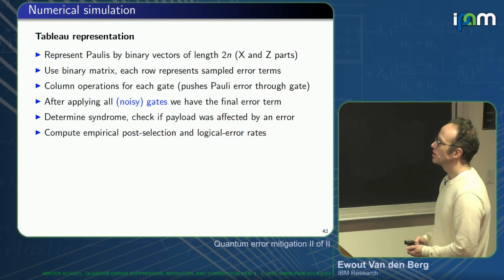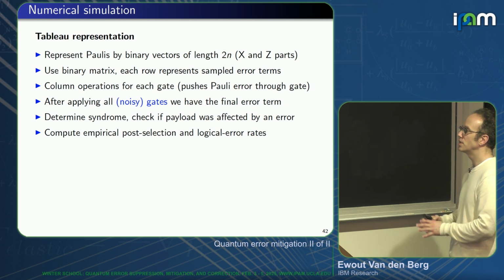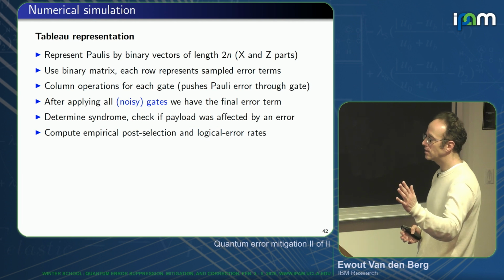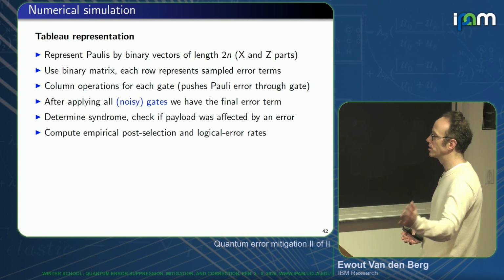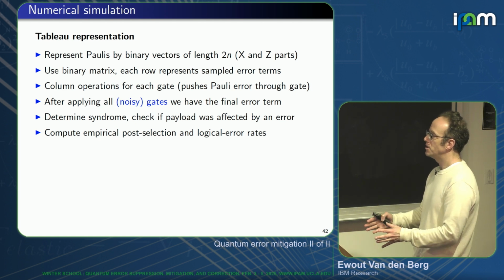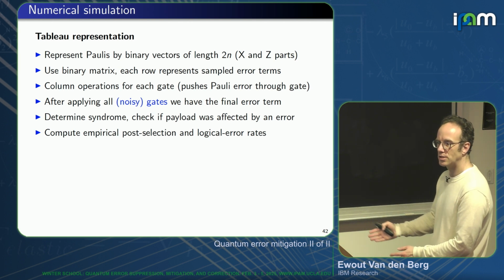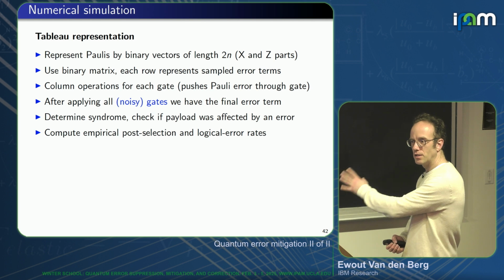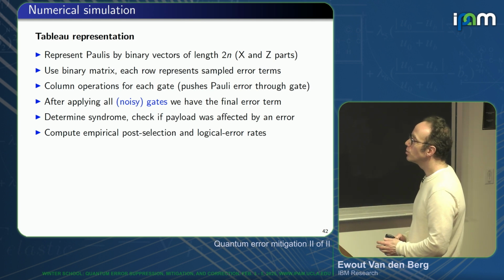Then there are operations on this tableau of bits that correspond to applying a Clifford operation. So you can do that for every operation, and then after each gate or before, you can sample noise and insert that into the tableau as well. So you can really sample what the noise outcomes of your tableau are.